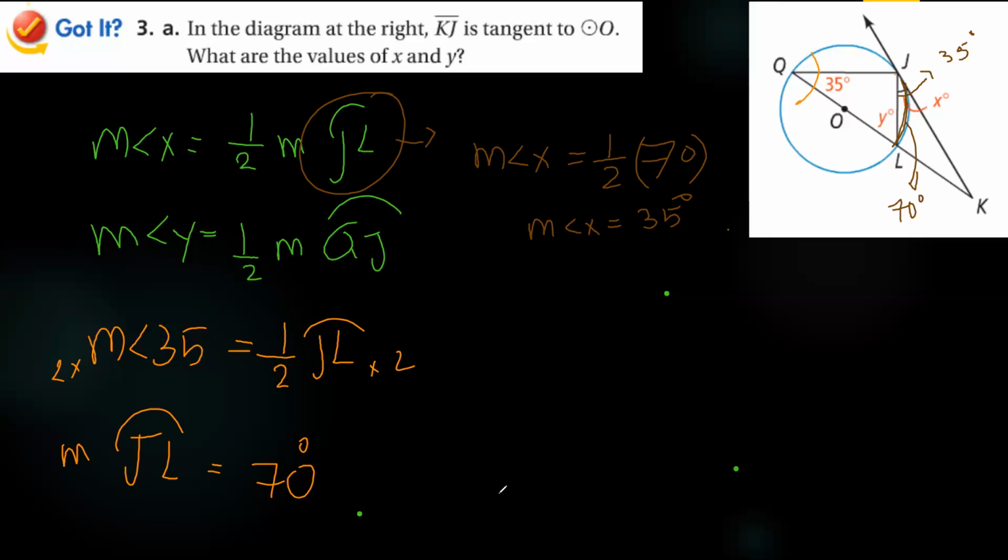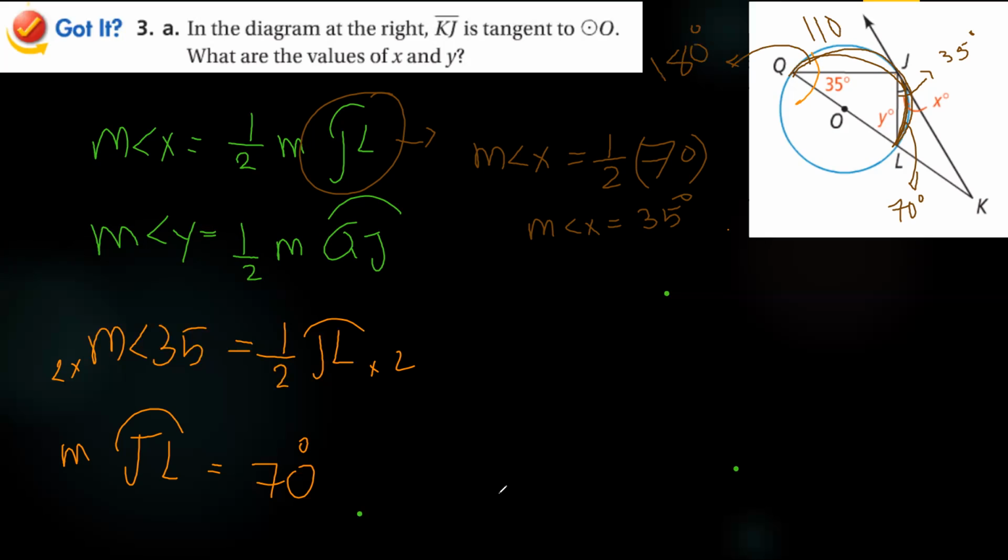If you want now to use our theorem, our circle, as Susan said, this is half of the circle, so its measure is 180. If this is 70, then QJ will be 110 because 110 plus 70 is 180.